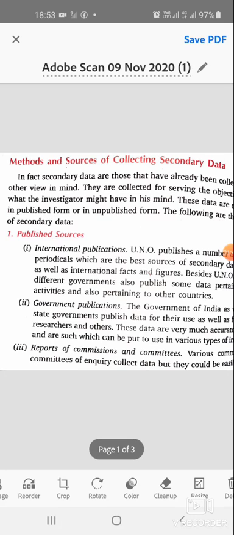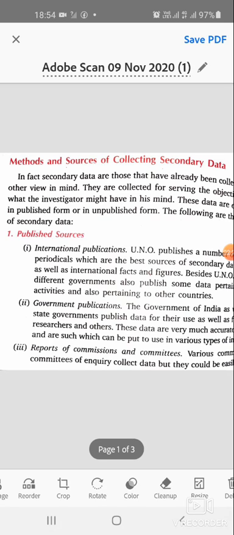These international bodies, with the help of periodicals and journals, publish secondary data of different sectors. For example, at the time of COVID, WHO was publishing reports on the status of different countries in the world. These agencies publish their reports, and on the basis of these reports we can collect the data.